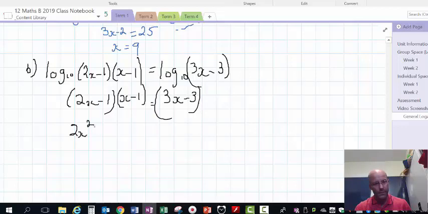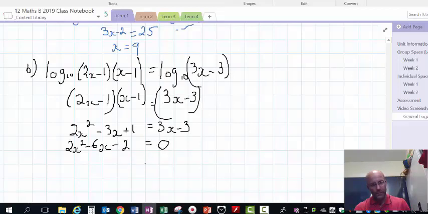So we've got 2x squared minus 2x minus x, which is minus 3x, plus 1 equals 3x minus 3, and we can subtract 3x minus 3 from the right hand side and the left hand side, so we have 2x squared minus 6x and minus 2 equals 0, or in other words x squared minus 3x minus 1 equals 0.